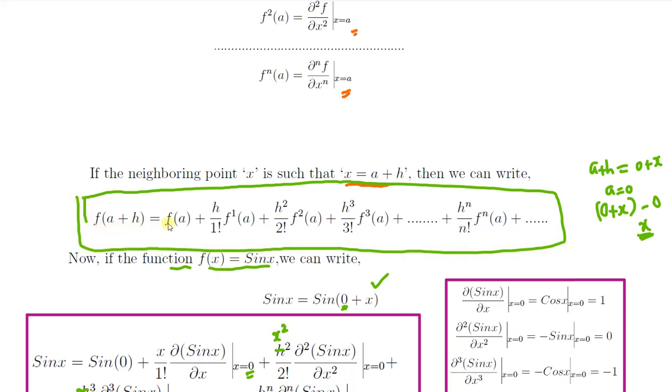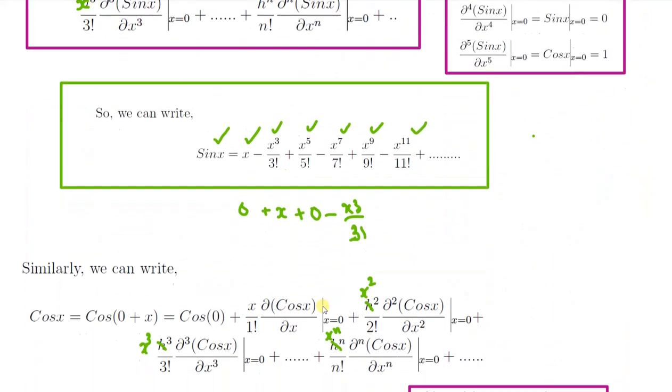So f of a plus h is equal to f of a plus h by 1 factorial into f1 of a plus h squared by 2 factorial into f2 of a plus h cube by 3 factorial into f3 of a plus etc. Here when we take the sin function, sin x, we take sin of 0 plus x. So in the place of a, what comes? 0 comes. In the place of h, x comes. So we can expand it and we can find the series of sin and cos.